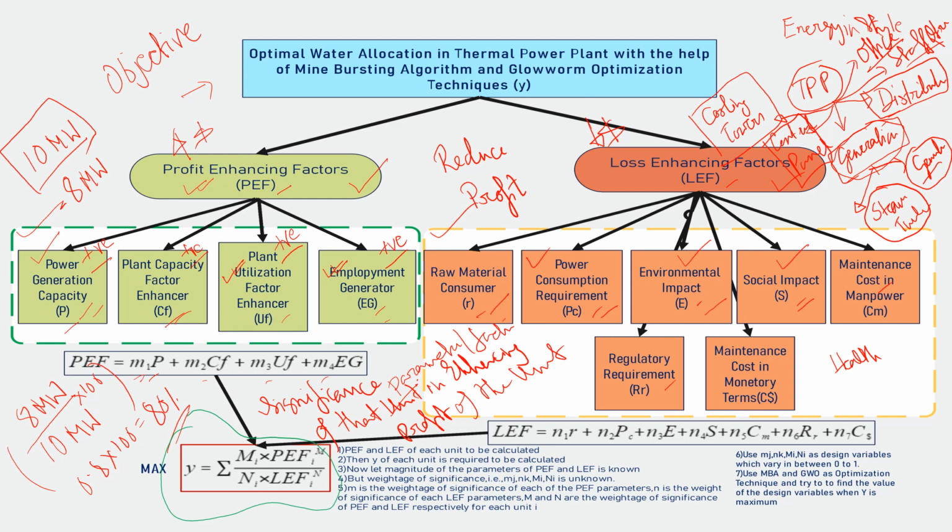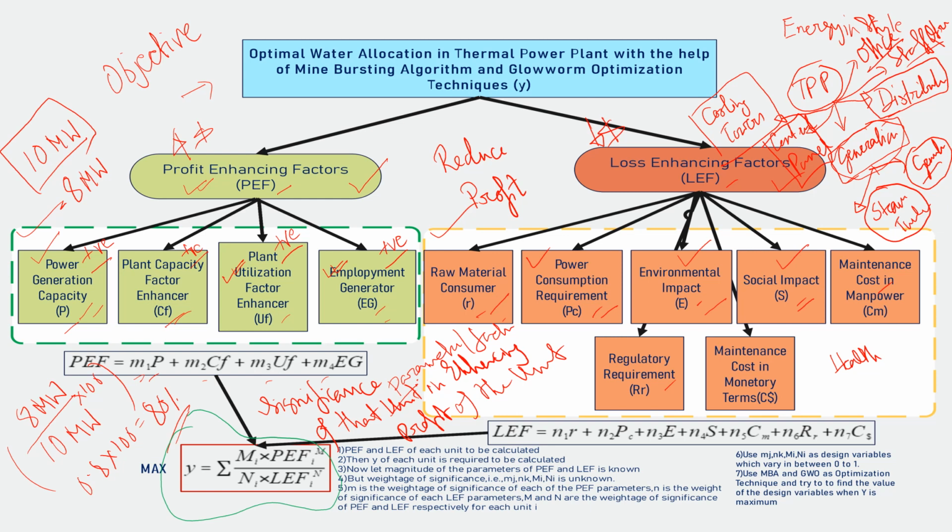And then in this summation, there will be a PEF for each unit and an LEF for each unit. Let there be I number of units, so there will be I number of PEF and I number of LEF. Let us give each unit a weightage of significance, that is MI for PEF and NI for LEF.